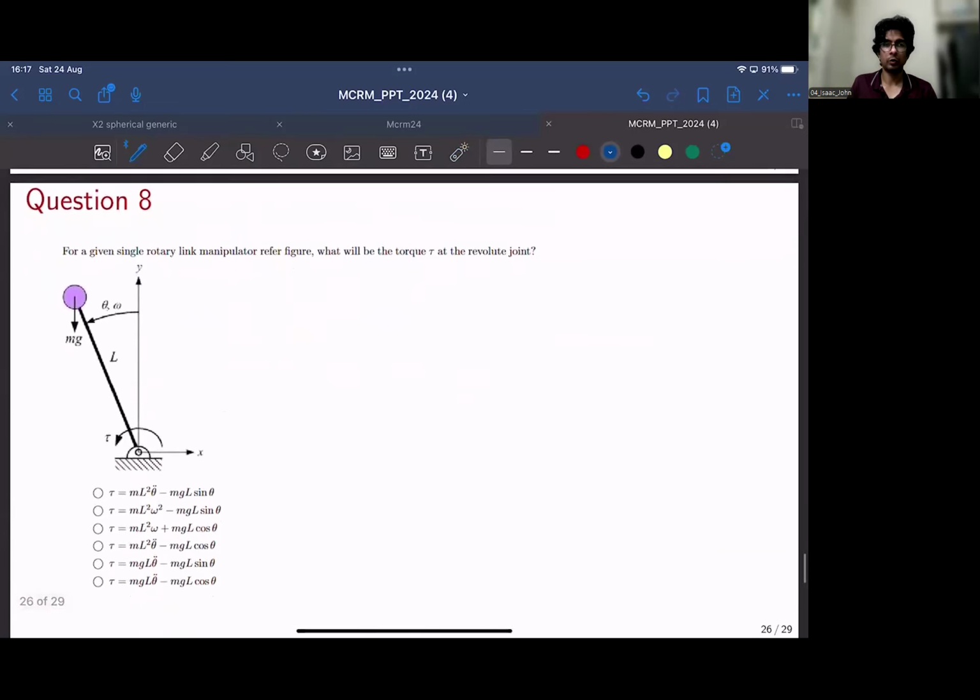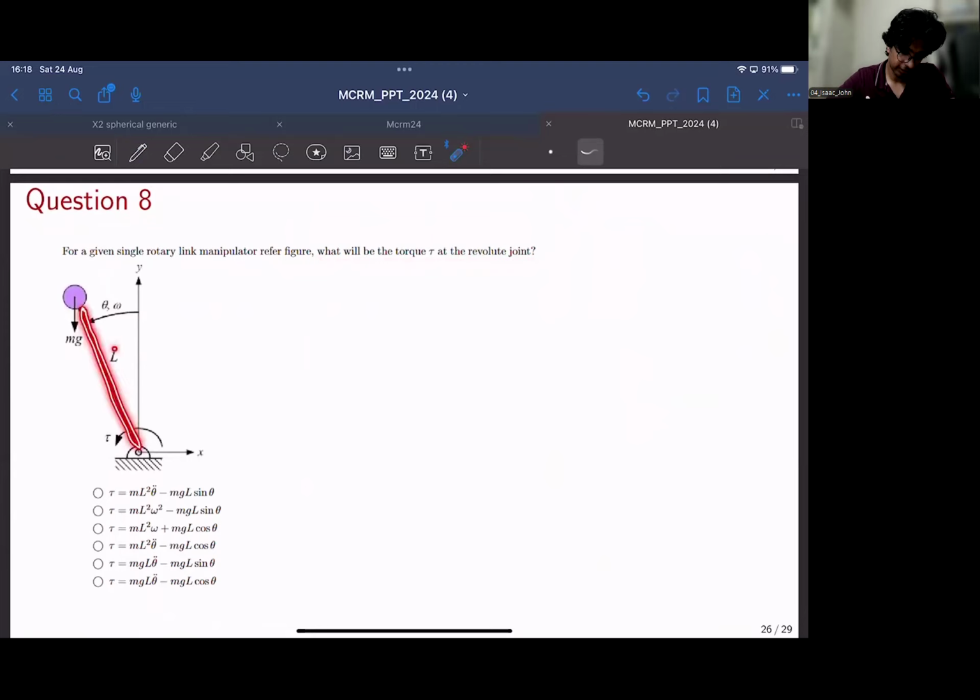So moving on to our second last question, question 8. We have 9 questions to solve today. Let's see what we have. For a single rotary link rigid manipulator, as shown in the figure, what will be the torque at the revolute joint? This is a single link joint.